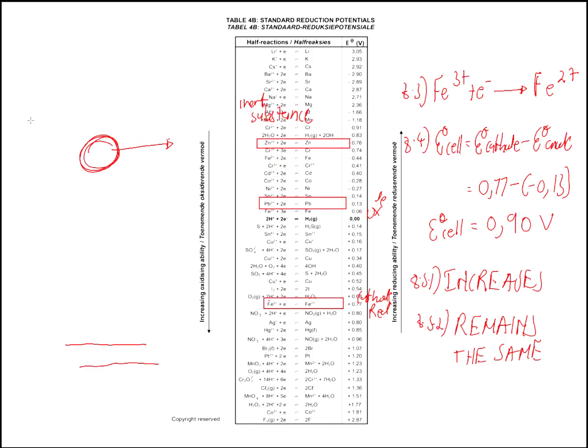If you can just check now, the distance from here to there versus the distance all the way down here, we can now see that obviously, if you were to do the calculation here, this would be 0.77 minus negative 0.76. Obviously, this will give a higher EMF value. So it has to be increases.